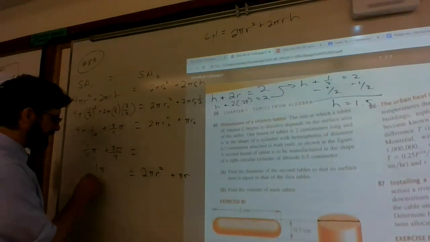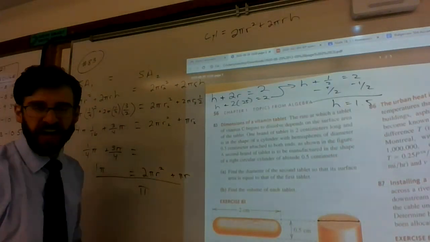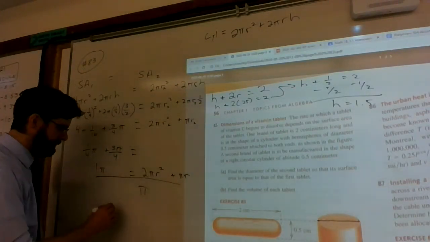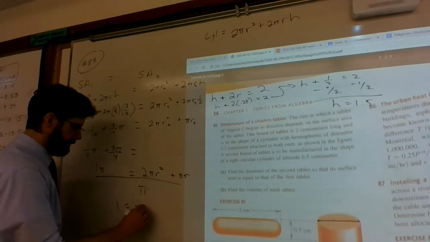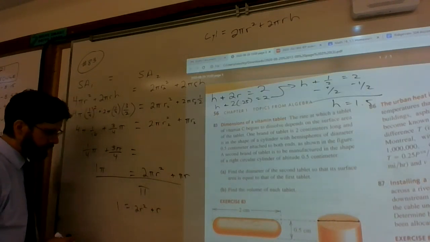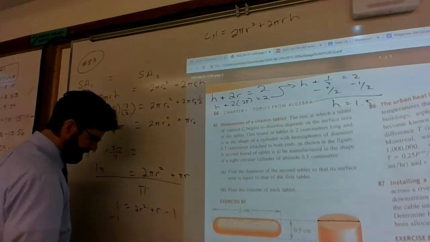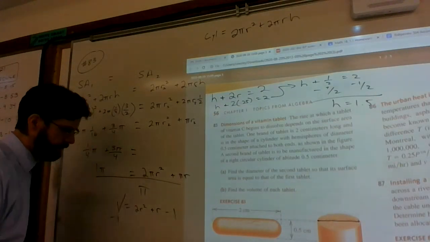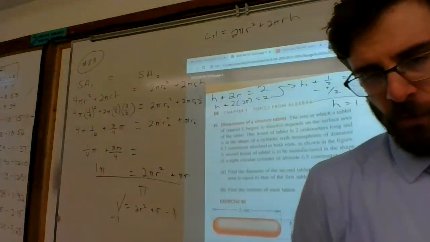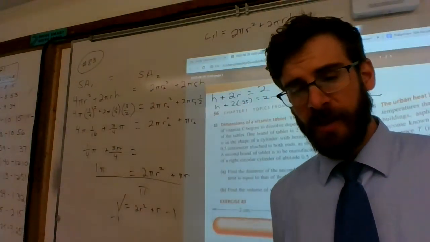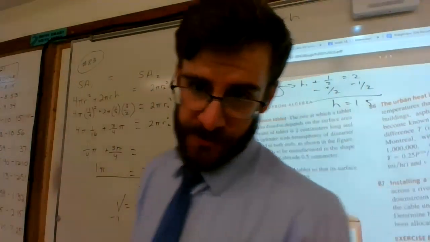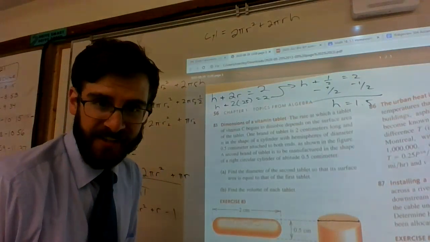All right, at this point, everybody's got a pi. And since it's just a constant, I'm going to divide both sides by that pi. Which creates a quadratic equation. 2r squared plus r minus 1 is going to give us some kind of value that will be helpful for this radius. Or we'll find what the radius is with this equation.